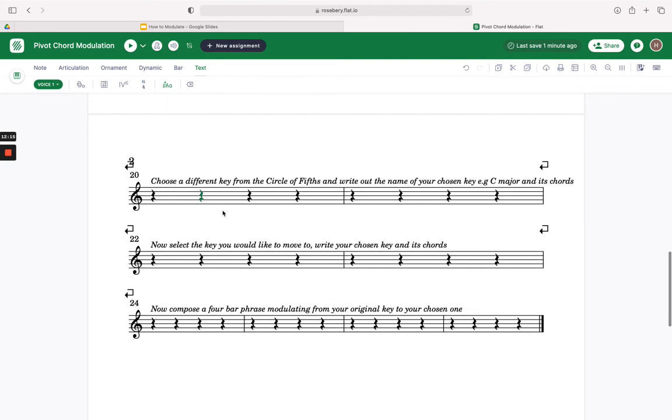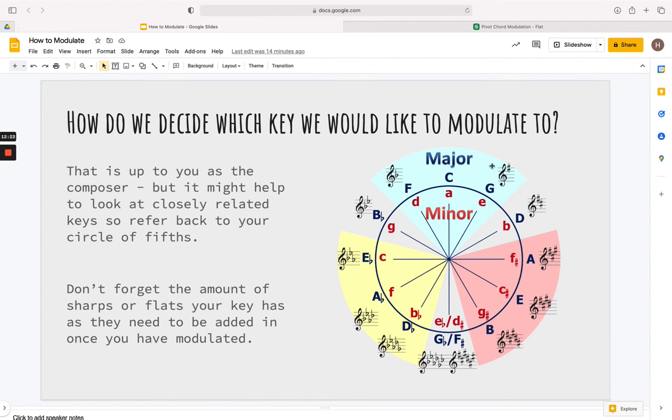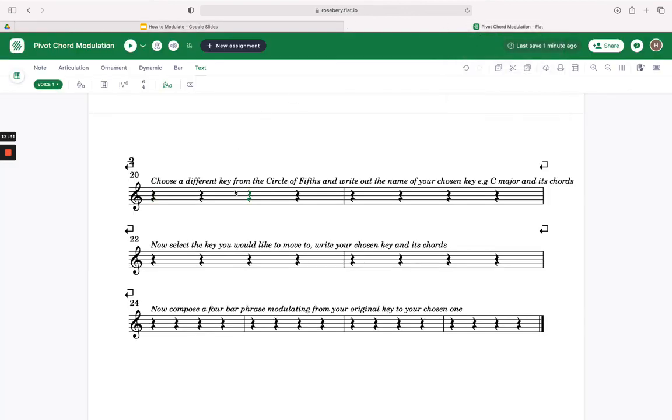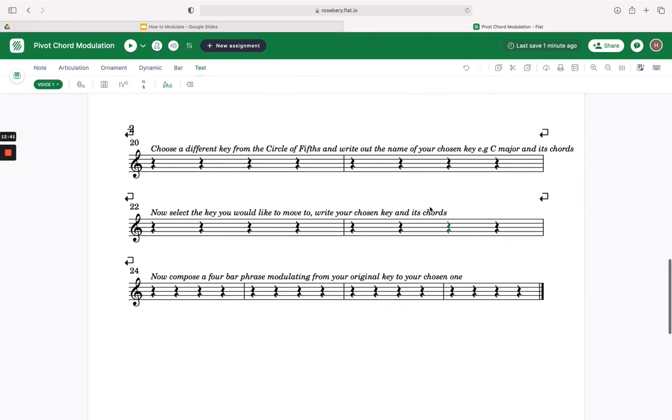Once you've had a go at that, I would like you to move on to the extension, which is to choose a different key from our circle of fifths. So any that we haven't explored yet, or it could be one that we have explored and you want to go to a different key. So then input your chosen key here and write down the chords from that key, just like we did in the previous examples.